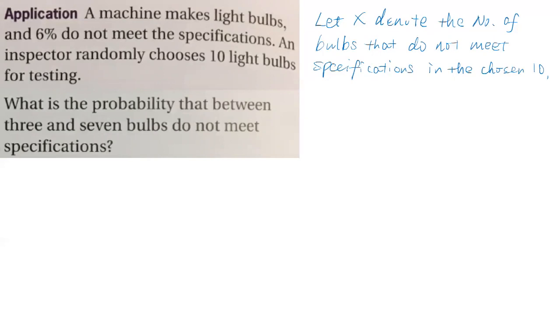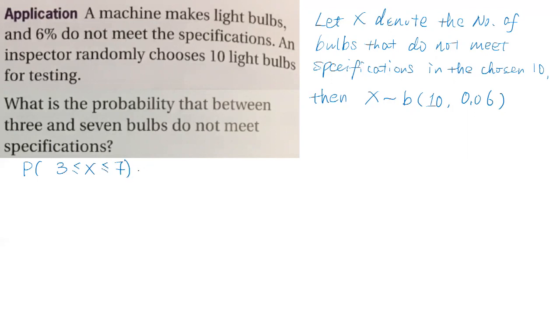Then your x here is a random variable, right? And also we know x yields to a binomial distribution. The first parameter is 10 because we have conducted 10 trials. And in each trial, the probability of not meeting the specification is 0.06. So here it asks you to find the probability of x between 3 and 7, right?